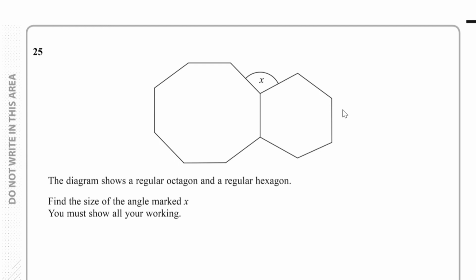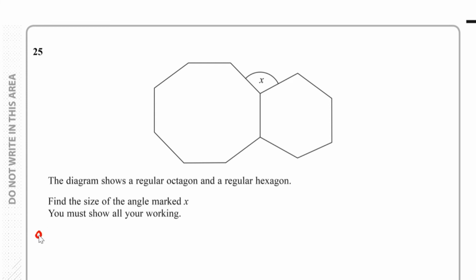Question 25. The diagram shows a regular octagon and a regular hexagon. We have to find the angle x, showing all our working. Well, first of all, let's find out the interior angle of the octagon and then of the hexagon. And then we can use the fact that the angles around a point sum to 360.